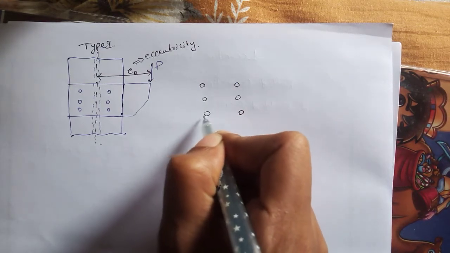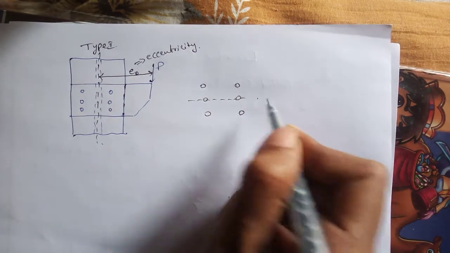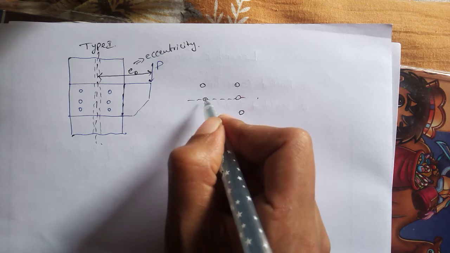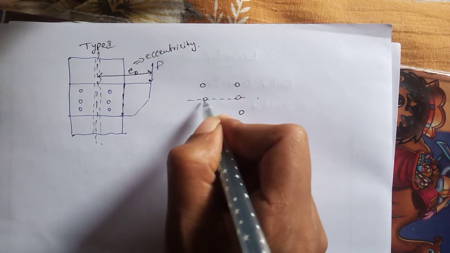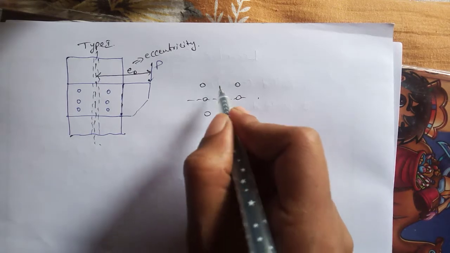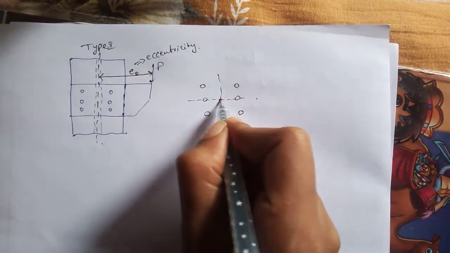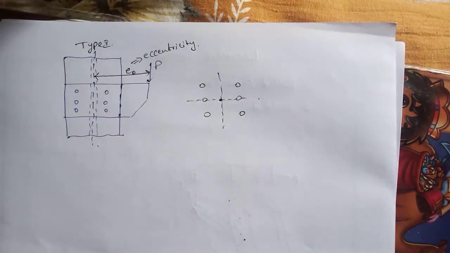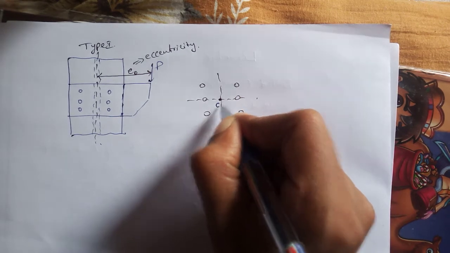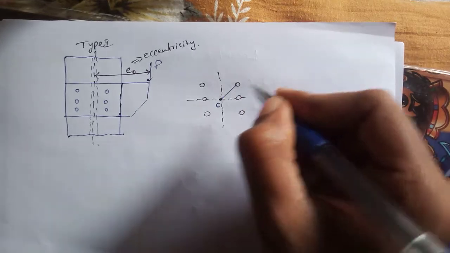We will be having 3 bolts in each row, so the centroid will be at the center of the middle bolt, and also the centroidal line. From this center point to each bolt, there will be some distance.